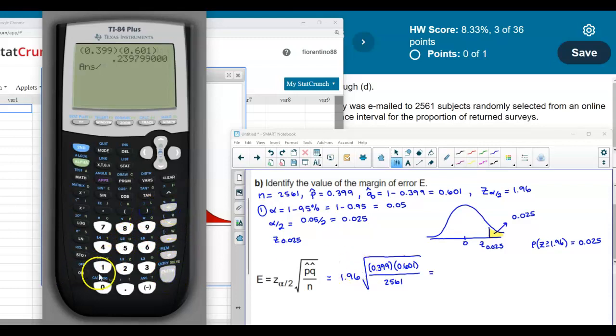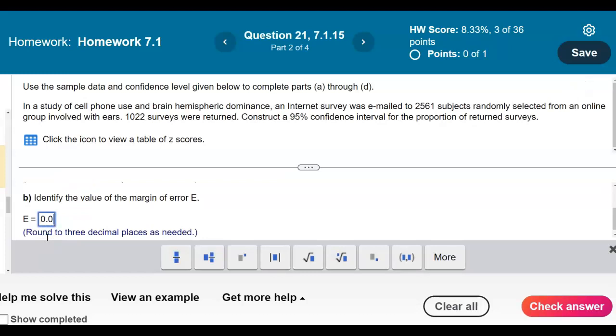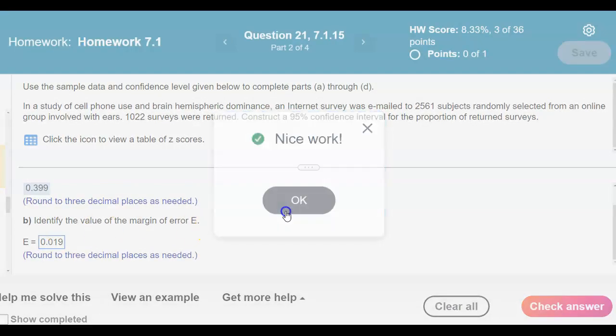Then we divide that by the sample size of 2,561. Now we take the square root of that result, and then multiply that answer by the critical value of 1.96. Rounding to 3 decimal places gives us 0.019. So let's check that answer. The margin of error is 0.019, and there's our result.